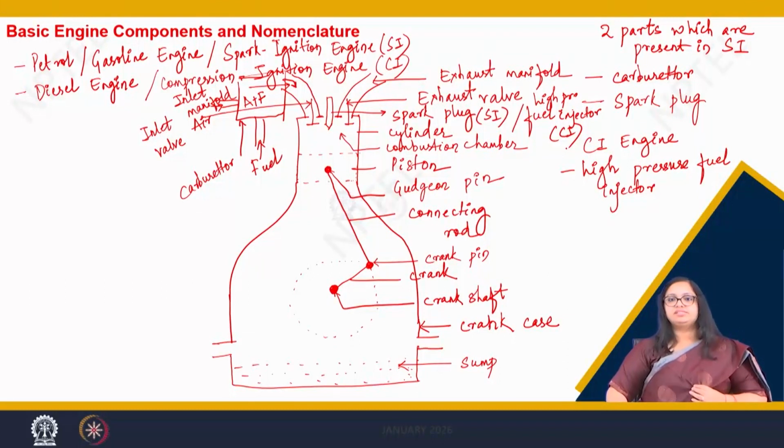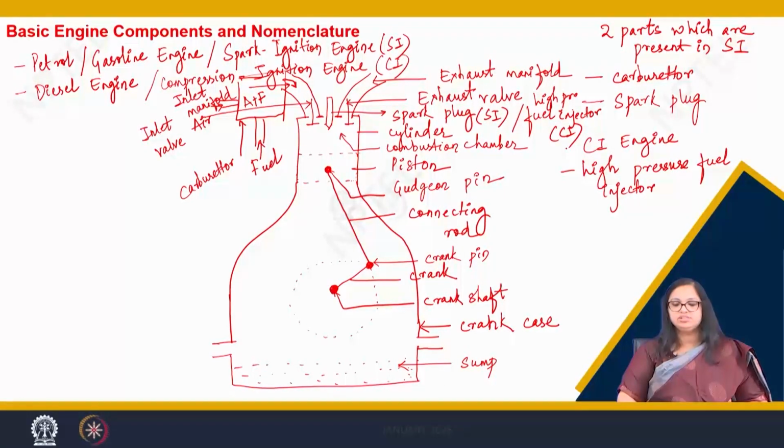So, this is the basic constructional difference between a petrol engine and a diesel engine. Otherwise, there is no carburetor in a diesel engine, there is a carburetor in an SI engine, and all other components in both the petrol engine and diesel engine are the same.